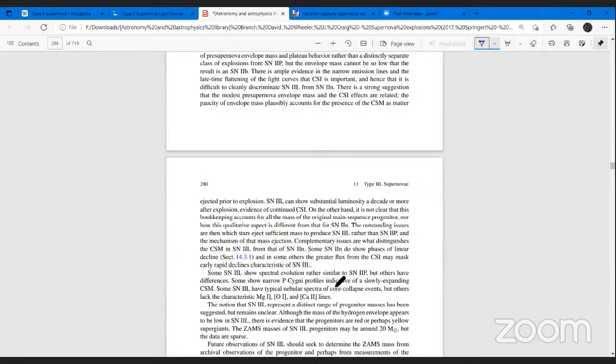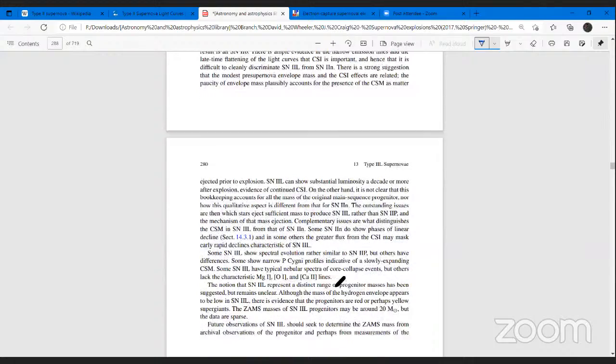So from these last three lines, you could see that type 2N is behaving somewhat similar to type 2L, because there also we saw a linear decline, and here type 2N is also showing a sort of linear decline. So how to differentiate type 2L and 2N based on light curves? They are not sure, I'm thinking.